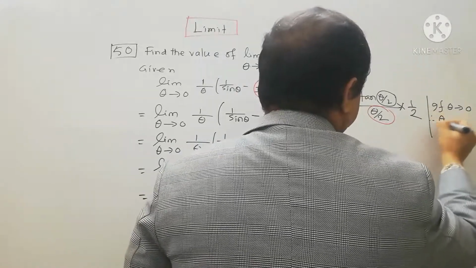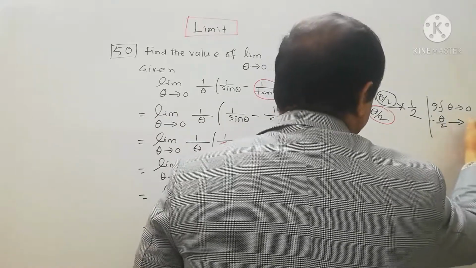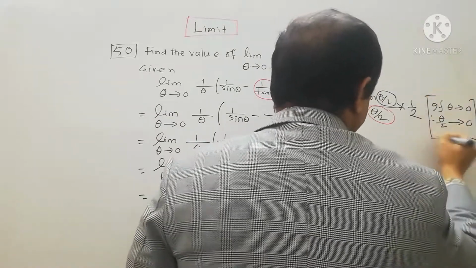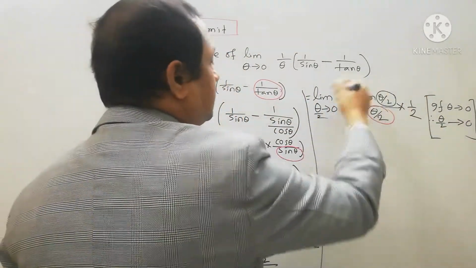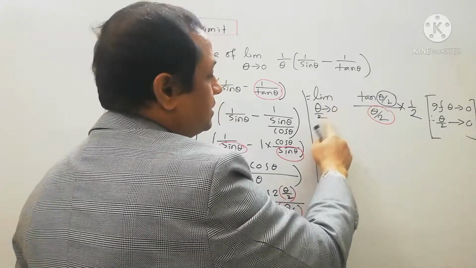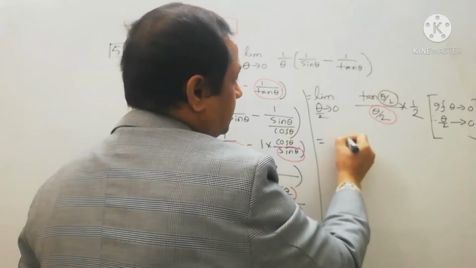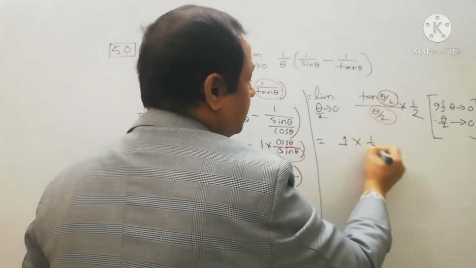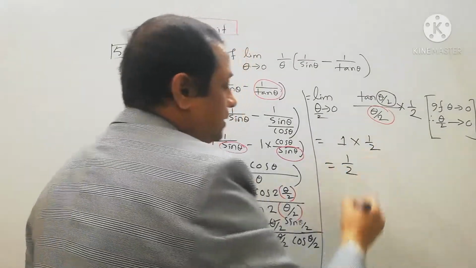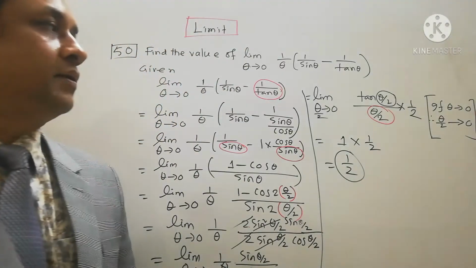So student, using the formula limit theta by 2 tends to 0, tan theta by 2 by theta by 2 equals 1, into half. So the result will be half.